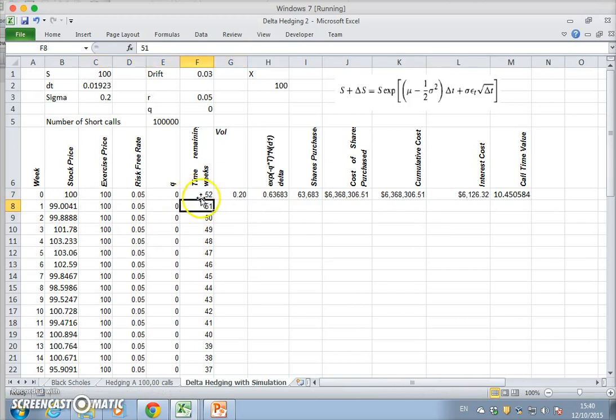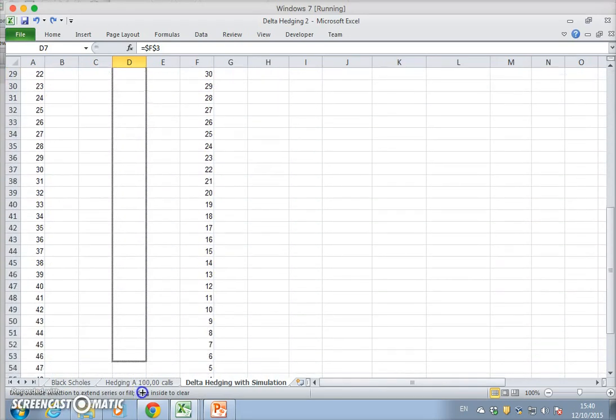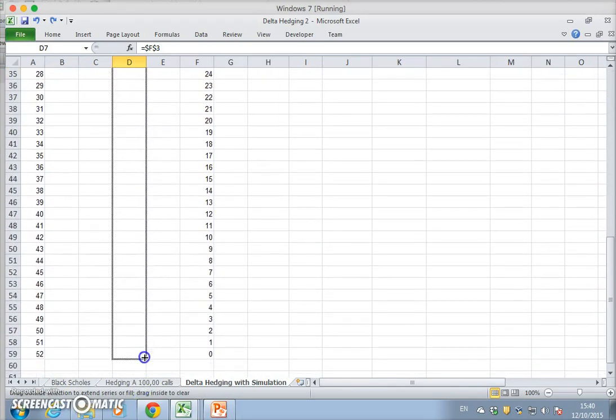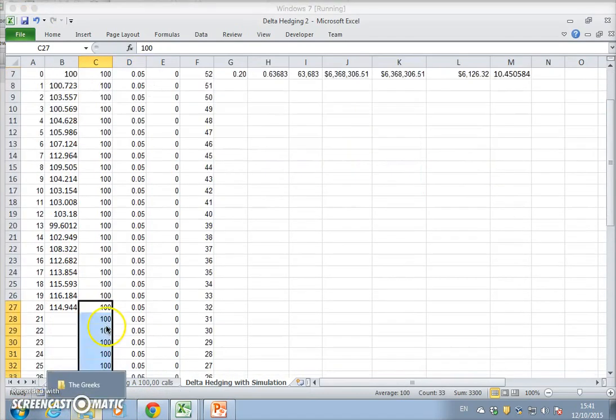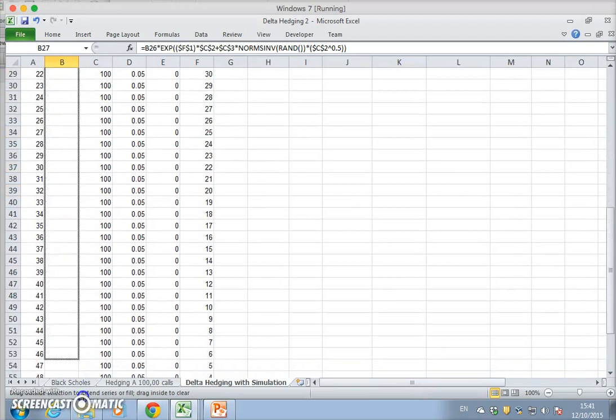That value's got 52. So where possible, I just pull these values down. 0.5, that's not going to change, and I'll do the same with the others. So I'll keep pulling these values down. So here I go again.